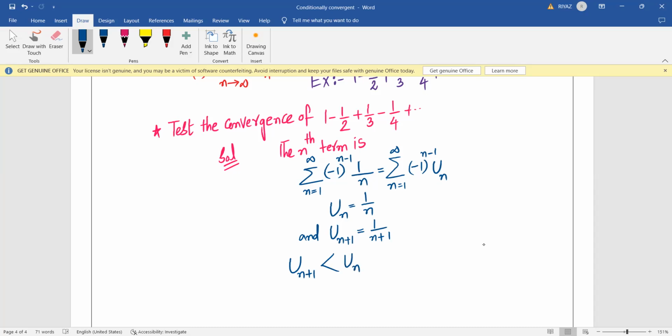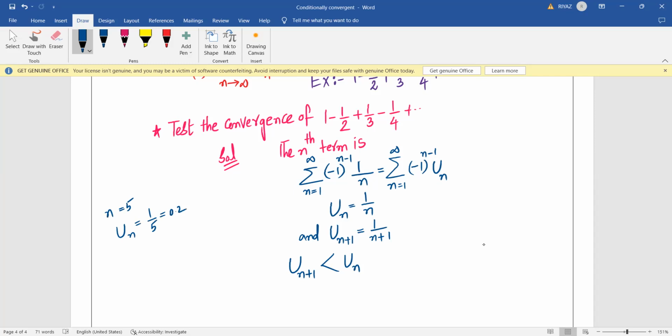I will give you an example. Suppose n is equal to 5. Then un becomes 1 by 5, which is 0.2. Clear now?